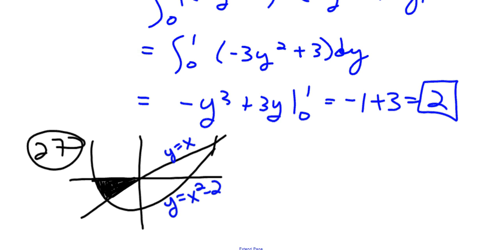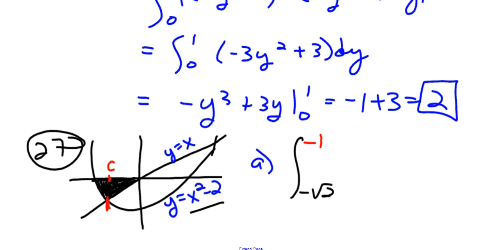They said do A in terms of x. So I found where it crosses the x-axis, and it turns out that this function, when we solve for x when y is 0, will be negative square root of 2. And then I try to find what this point is here. In this case, it's going to be negative 1 when I solve for that.